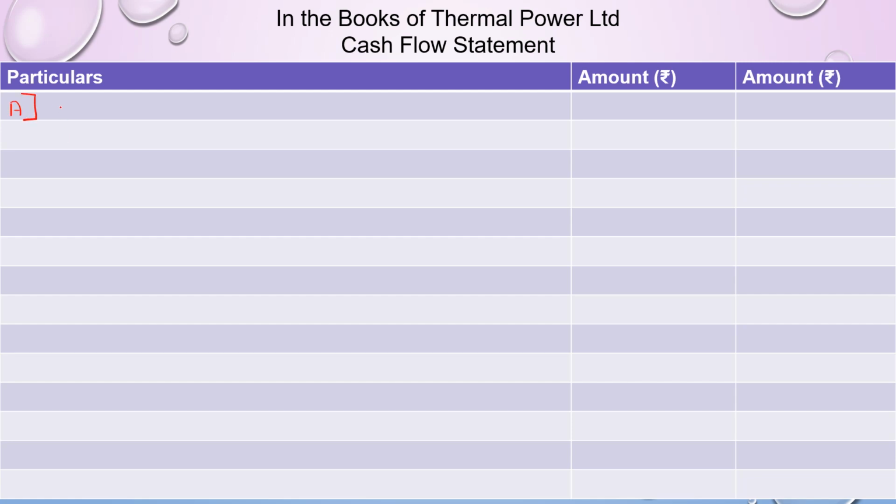A, first main heading is going to be about cash flow from operating activities. So under this, we are going to have the first, this is the main heading. Under this, it starts with the net profit before tax and extraordinary item.